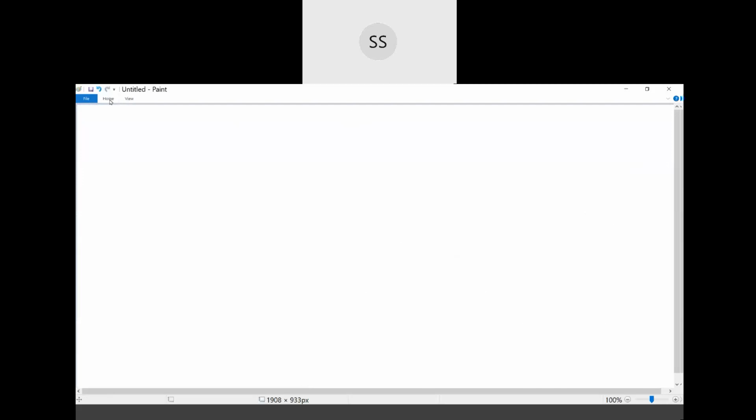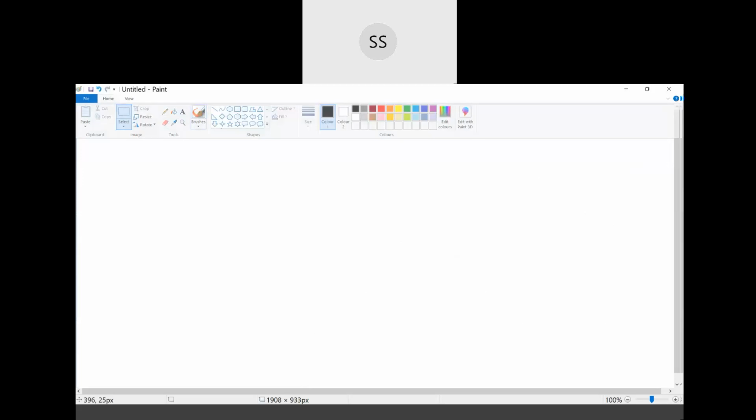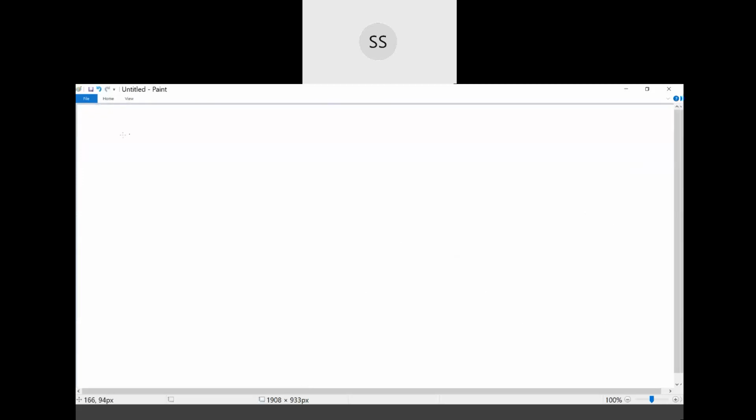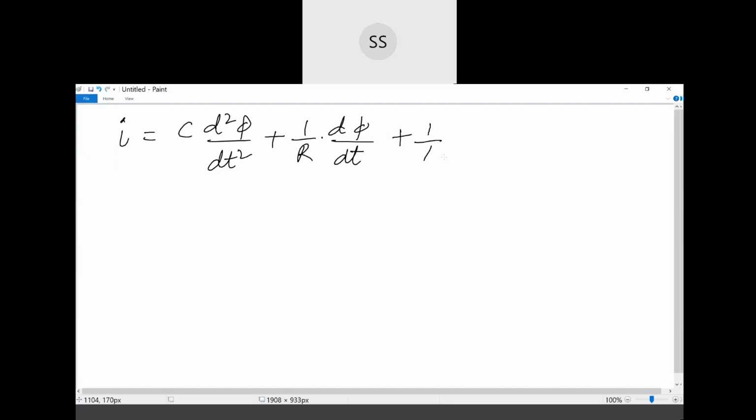Rearranging the terms, I is C into d square phi by dt square plus 1 by R into d phi by dt, in descending order of the terms, plus 1 by L into phi. This is our equation 2.